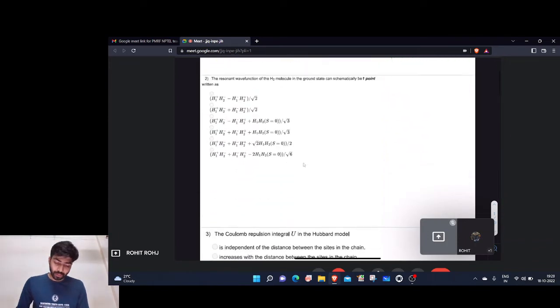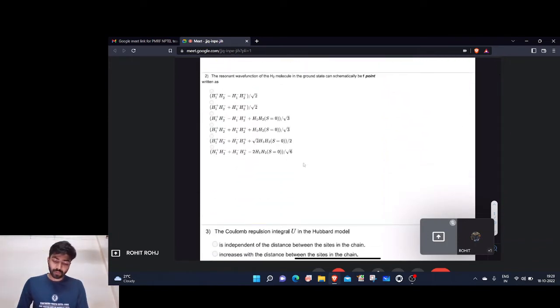Now the second question says that the resonant wave function of the hydrogen molecule in the ground state can schematically be written as. If we write the resonant wave function for the hydrogen molecule, it would be a combination.